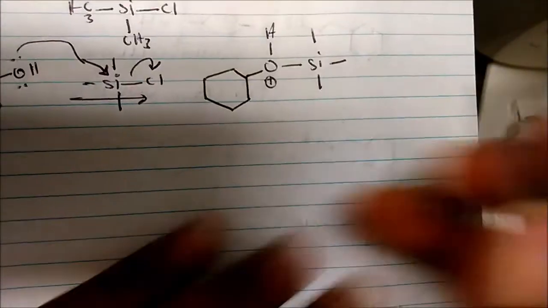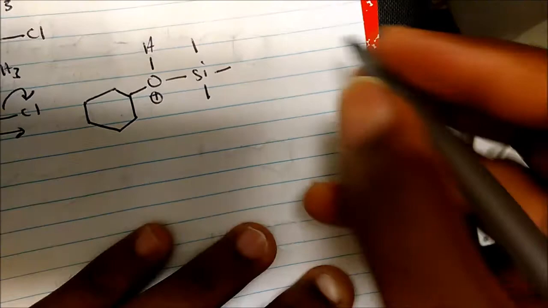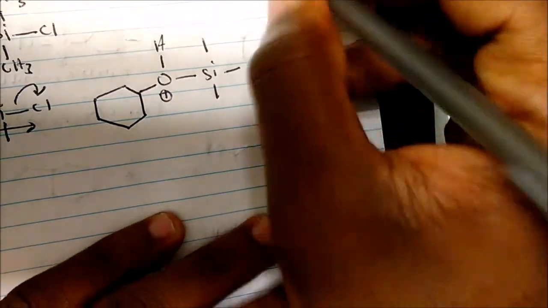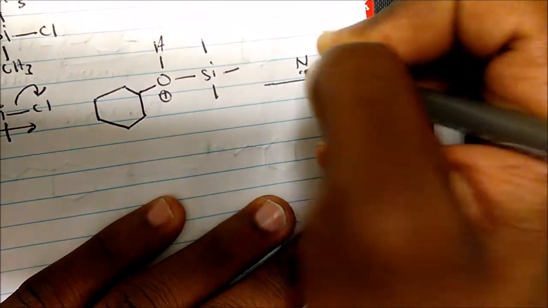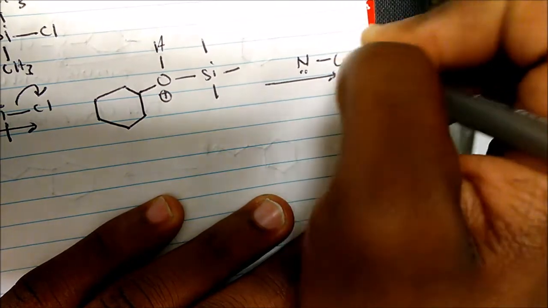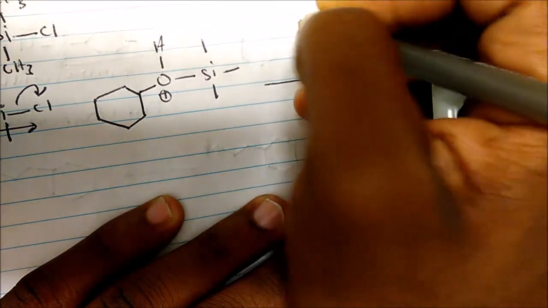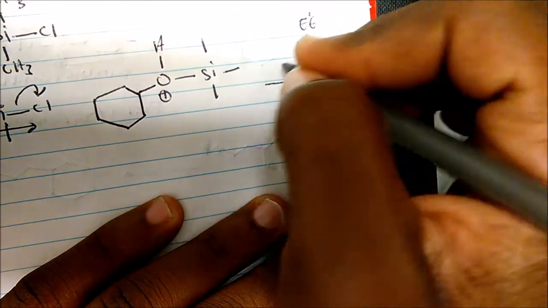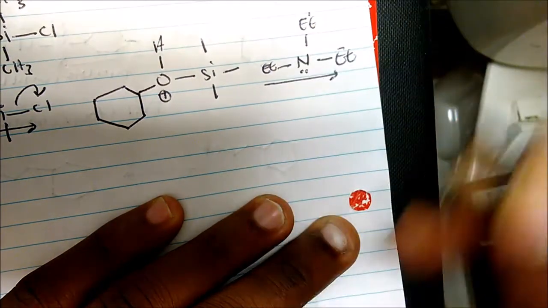But this is the reason why we add this base here in the middle in the second step, and it looks like this. Nitrogen has a lone pair of electrons, and these ethyl groups are around my nitrogen.